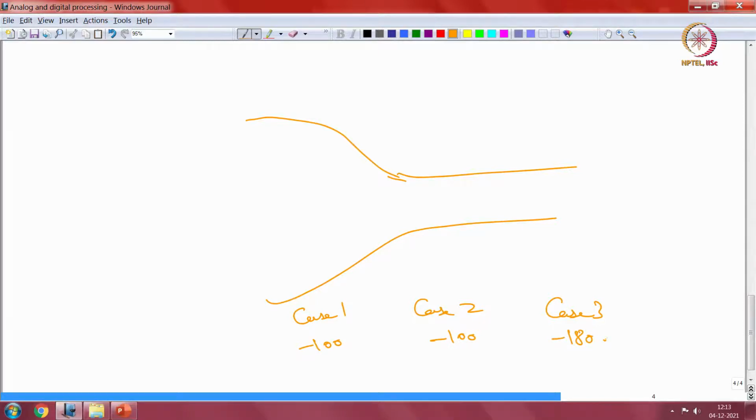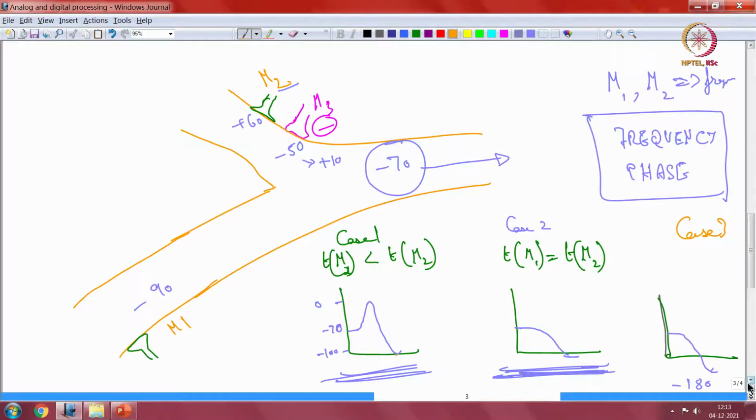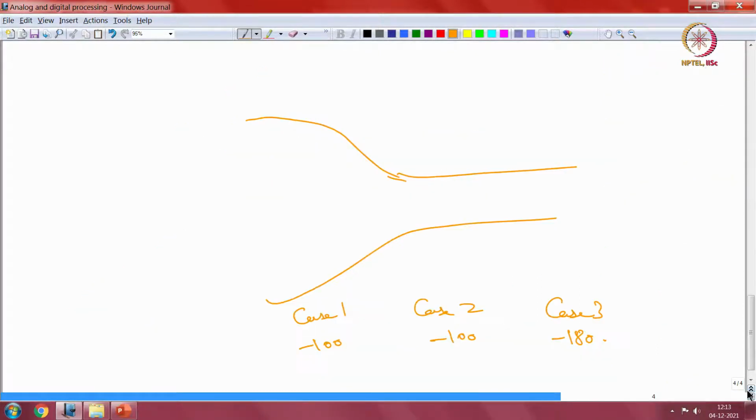So, I think I should make it a little more interesting. I should introduce one more synapse over here. So, minus 100 reaches the axon hillock, membrane potential is minus 70.